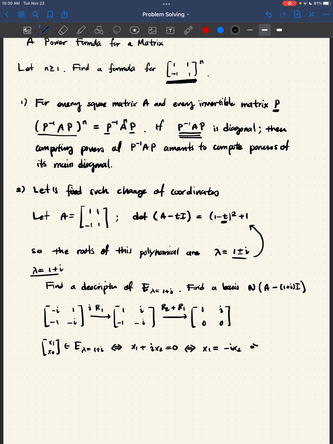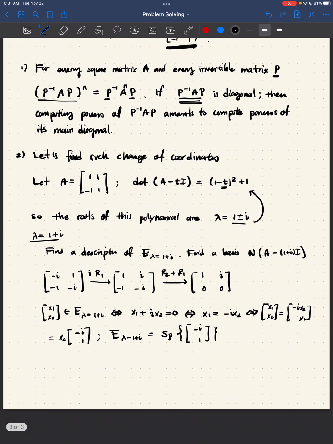So this happens exactly when we can write x1 and x2 as negative i x2, x2, which of course we can describe as x2 times negative i, 1. What does this mean? This means that the eigenspace associated with this eigenvalue is nothing else but the span of the set containing the vector negative i, 1.